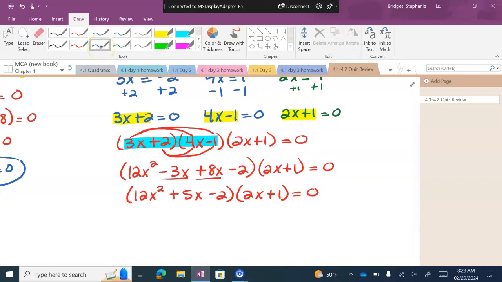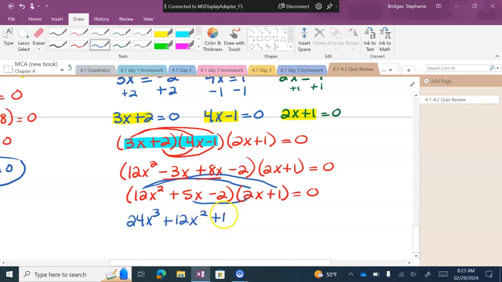Now I'm ready to multiply. So we're going to do the same thing. We're going to distribute. This 12x squared gets multiplied by the 2x and by the 1. The 5x gets multiplied by the 2x and the 1. And then the negative 2 gets multiplied by the 2x and also the 1.